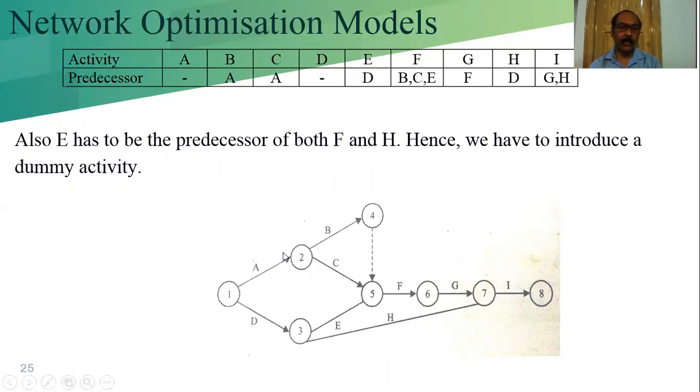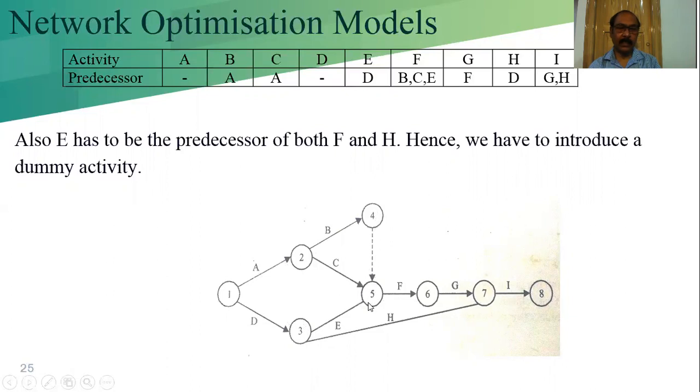How many nodes are there? 1, 2, 3, 4, and 4 is 8. So this is the start node with 1 and the end node with 8. With the predecessor and successor relation, we can number the nodes.